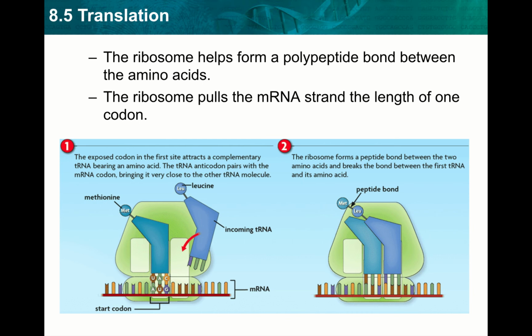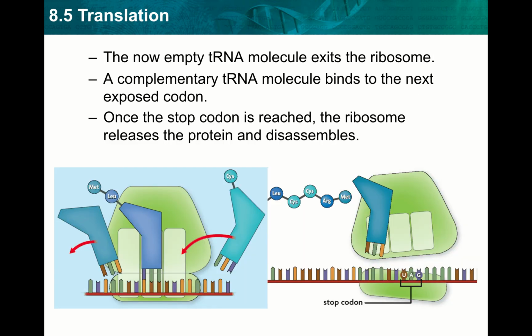So the ribosome will pull that mRNA strand just like a tape dispenser. When you're pulling tape, it's the same kind of concept. It continually pulls out amino acids and binds them together with peptide bonds. Once that amino acid has been released and the peptide bond has secured the two amino acids, that transfer RNA with the anticodon leaves the ribosome.